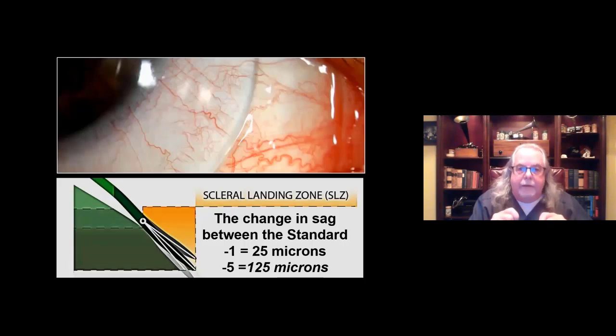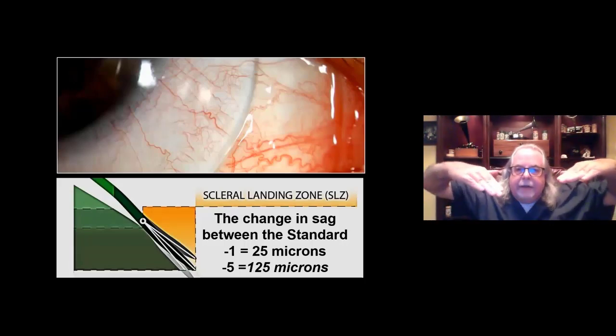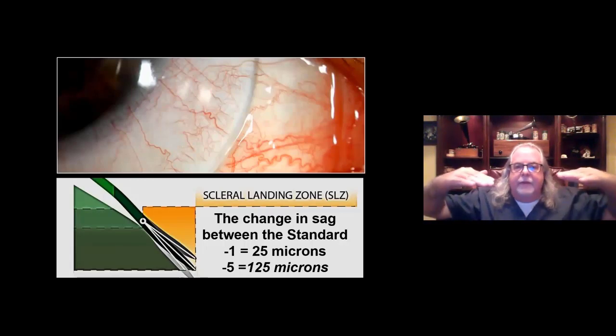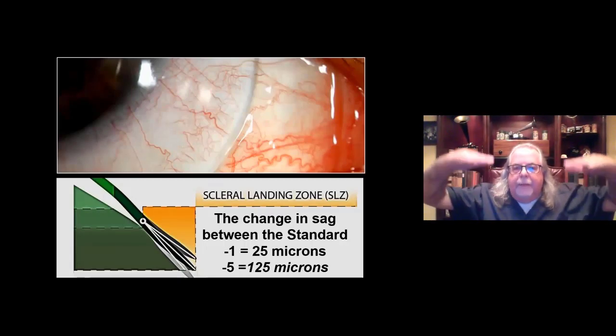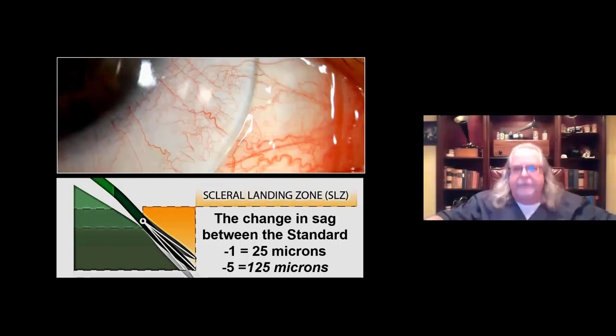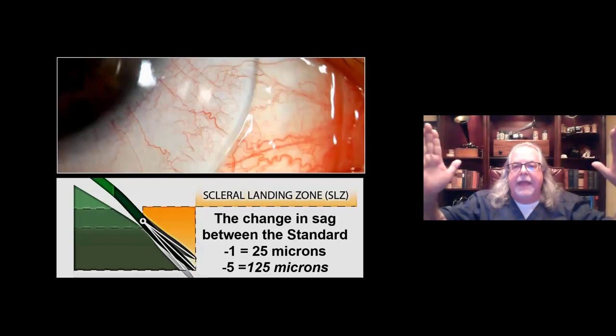And here, because we're usually loosening the contact lens, as we loosen it, the depth of the lens decreases. As we increase an angle, it increases in sagittal depth.